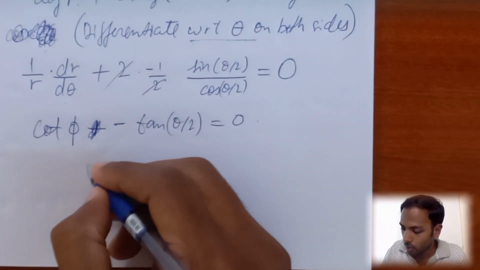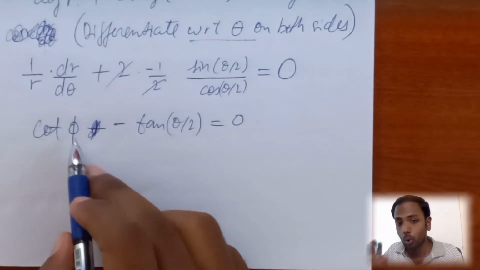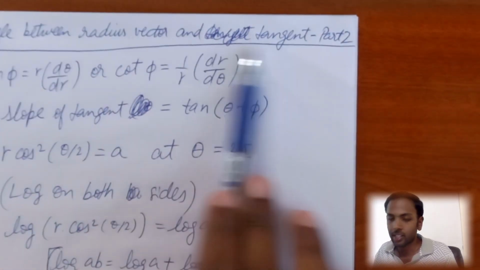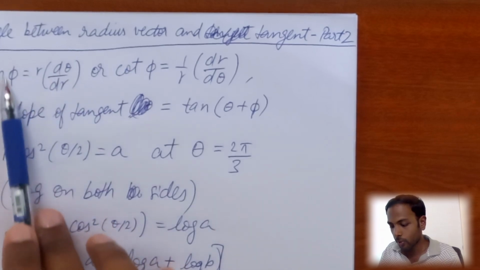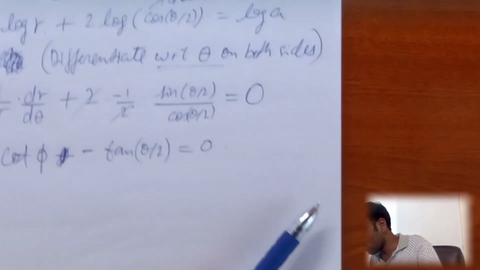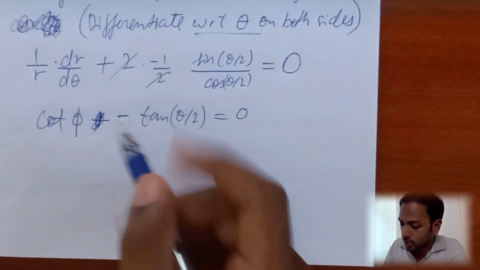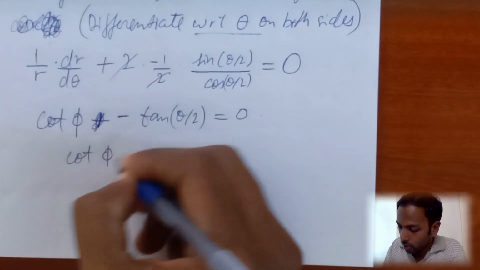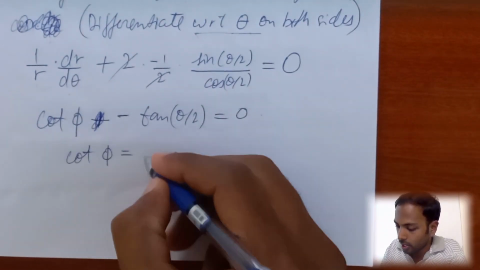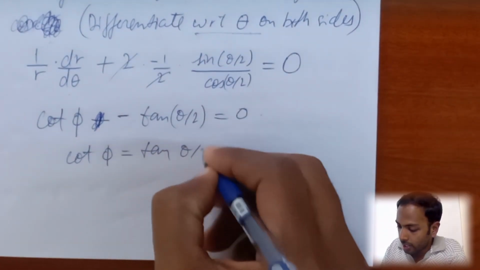Okay. Now let me take this to the other side, because the goal is to find phi. This is nothing but the angle between the radius vector and tangent. The goal of the entire question is to find phi, and after finding phi, we'll find the slope of the tangent. So since our goal is to find this phi, let's write this as cot phi is equal to, putting this on the other side, plus tan theta by 2.